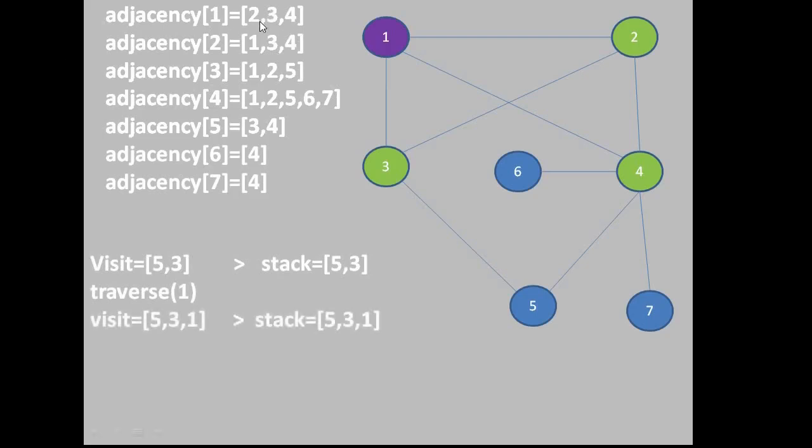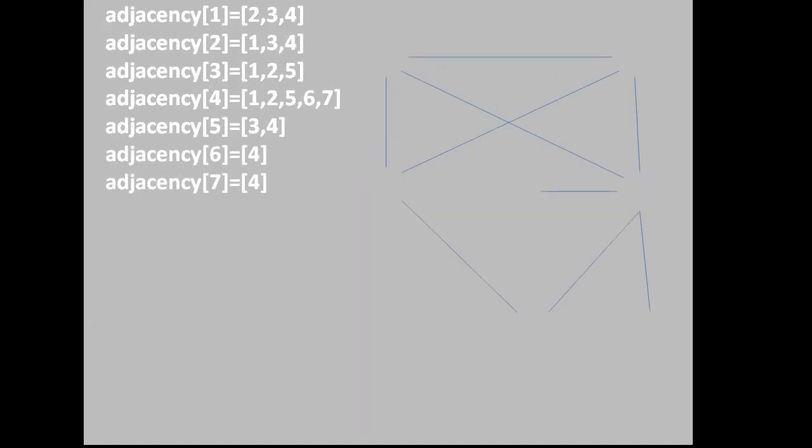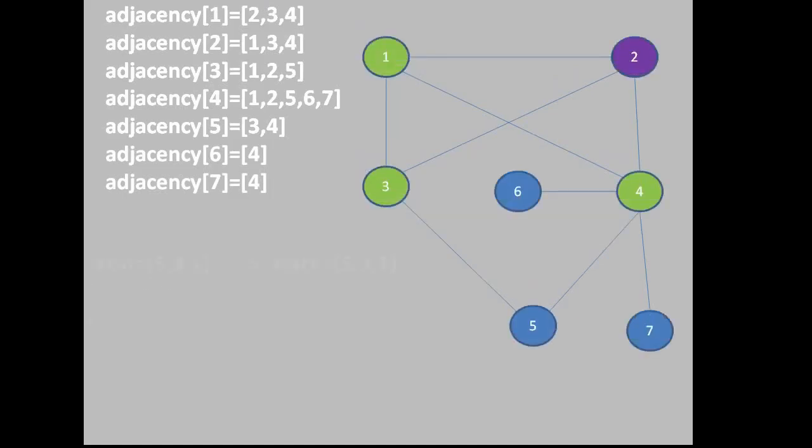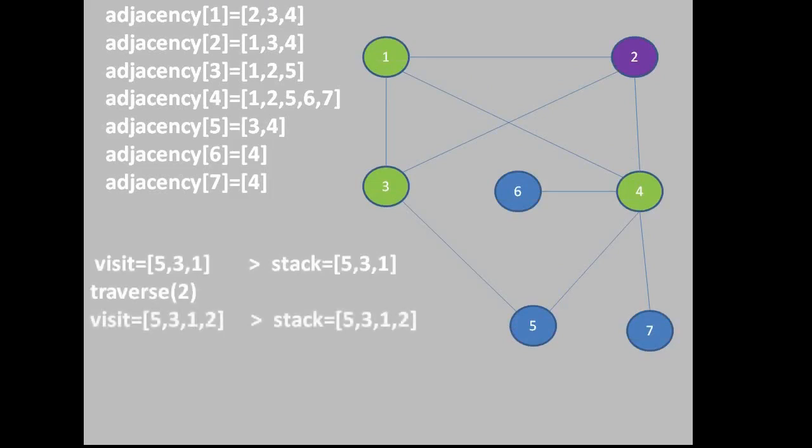Then we take the first element of the adjacency list of 1, that is 2, and we traverse the graph from vertex 2. We push 2 into visit and in stack.